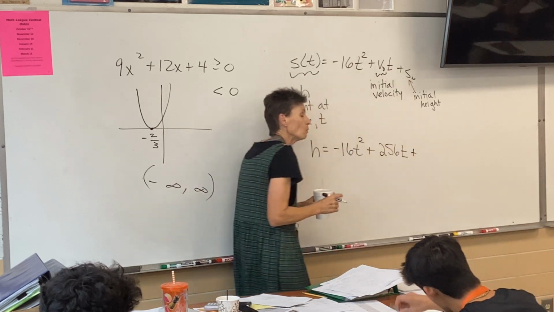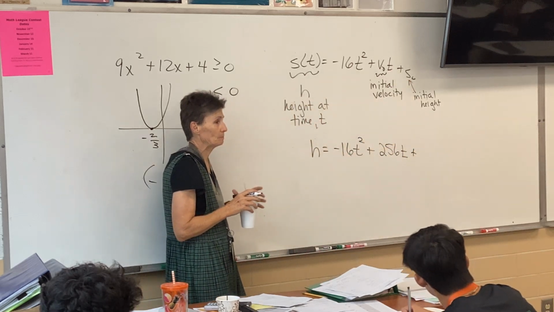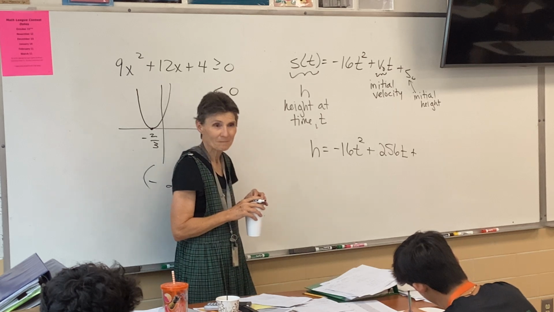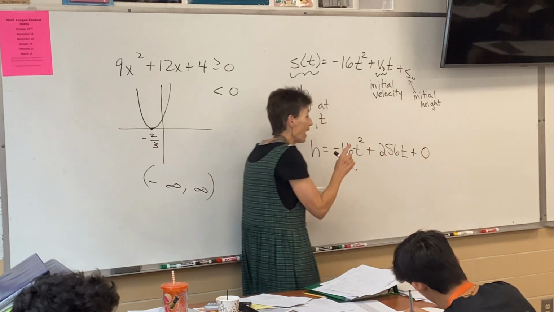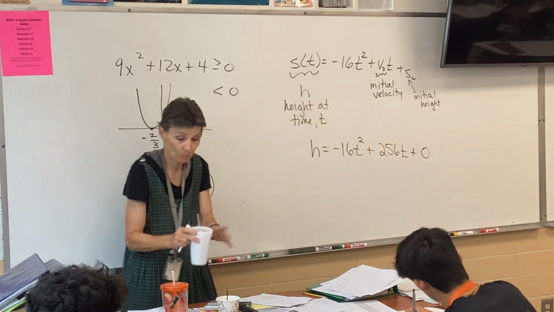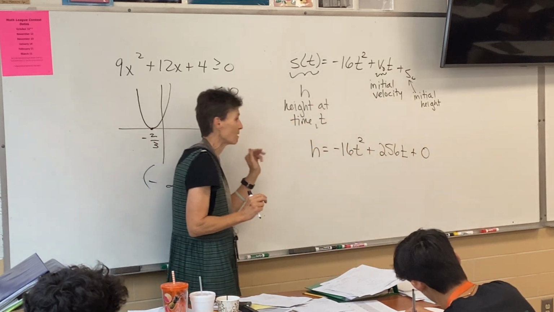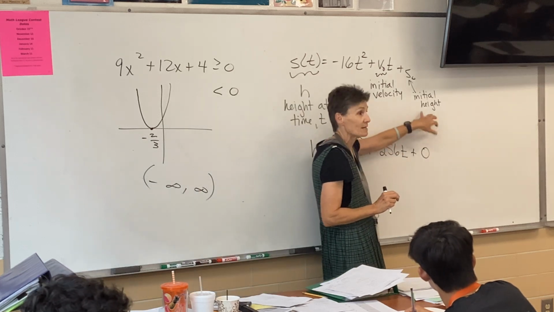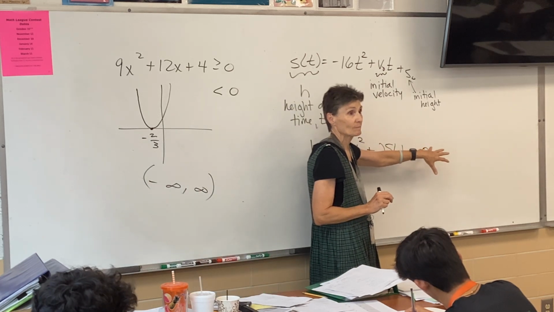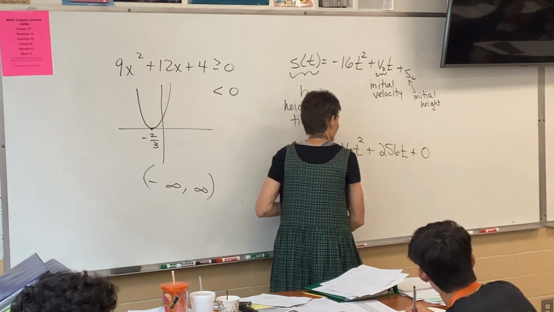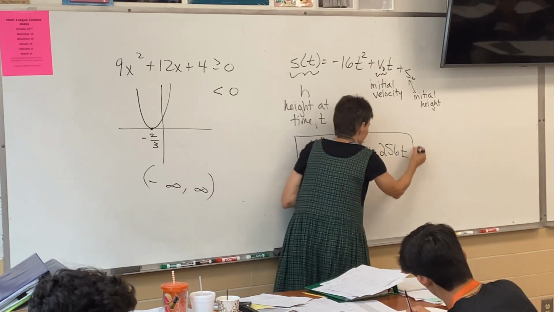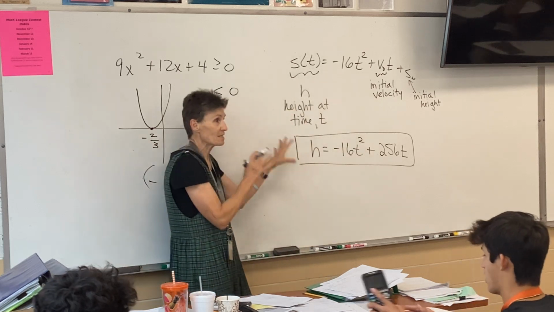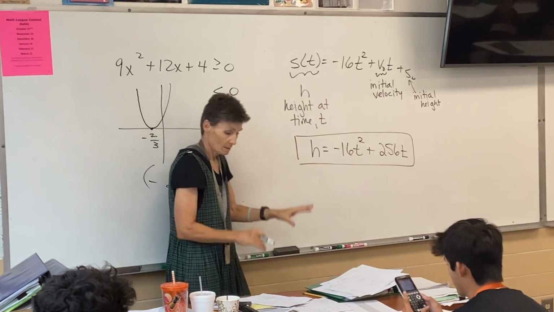And what is my initial height? It starts on the ground, so it's 0. I'm going to erase that 0 because it confuses me. But does everybody get why the initial height is 0? So here is my equation for this problem.